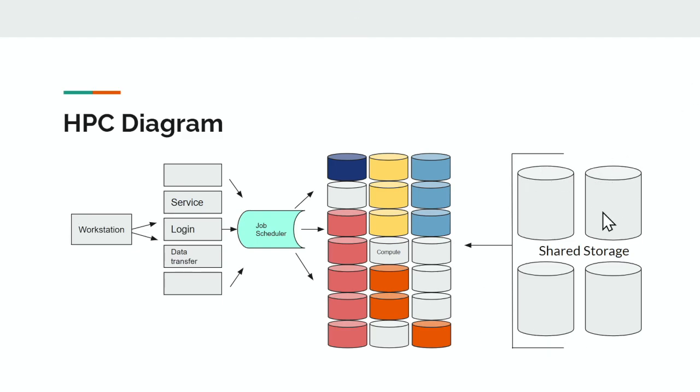And then again, there's usually a shared storage that's shared across all the compute nodes. Most compute nodes nowadays don't even really have hard drives in them. It's changed a little bit with the rise of artificial intelligence and machine learning, but generally, you don't have hard drives in them because you don't want any sort of state in between jobs, because you never know if you're going to jump on the same node again.